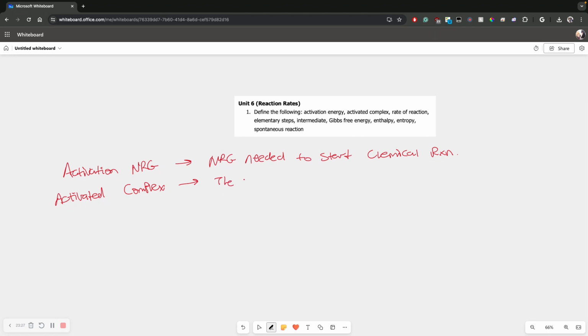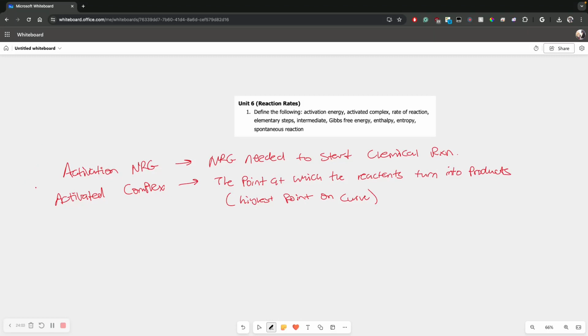The point at which the reactants turn into products. And this is at the top of the curve. Highest point on the curve is what I want to say. That is the activated complex.